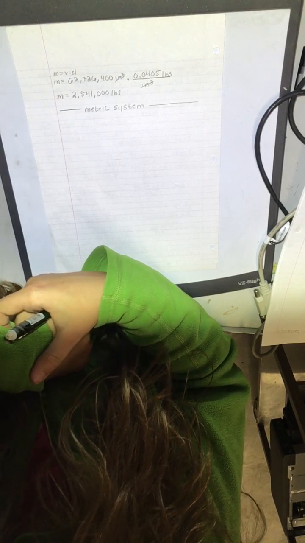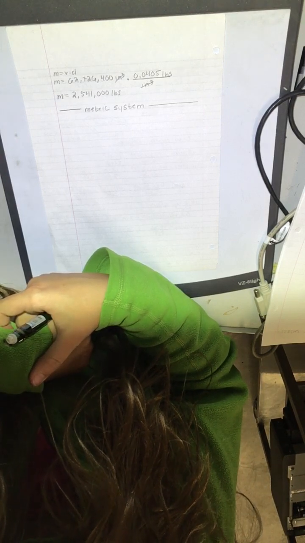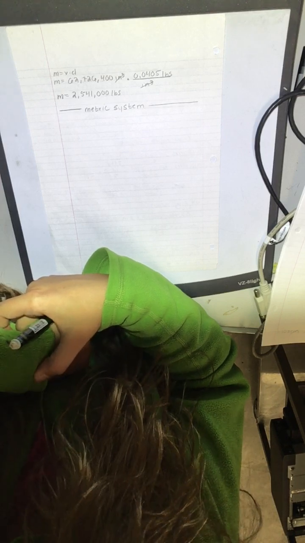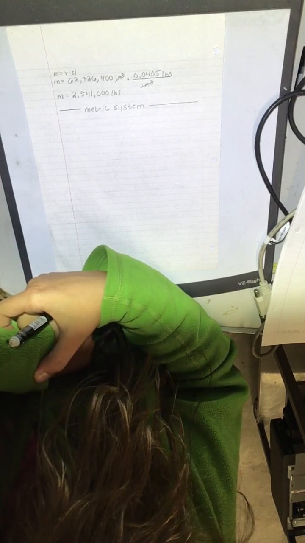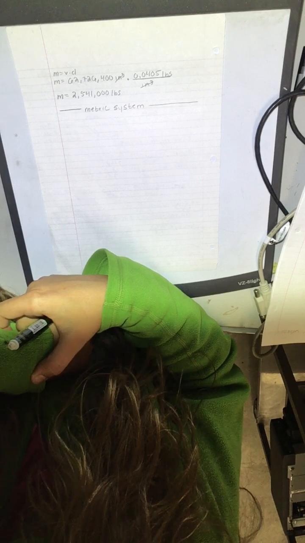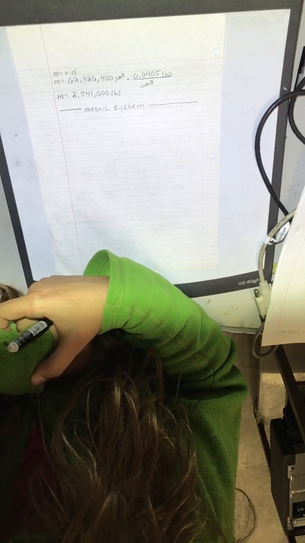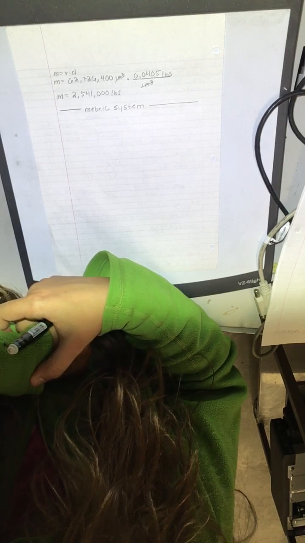And I hope you come to see that at some point in your mathematics career. I hope you find some beauty in the metric system because it is absolutely stunning.